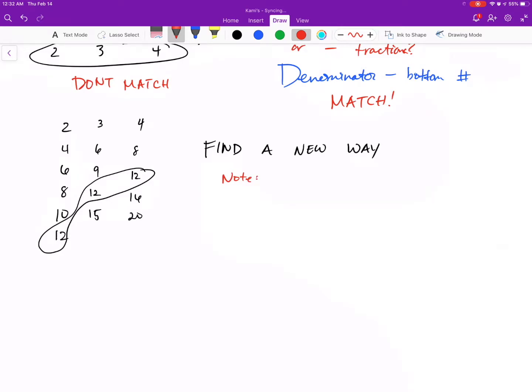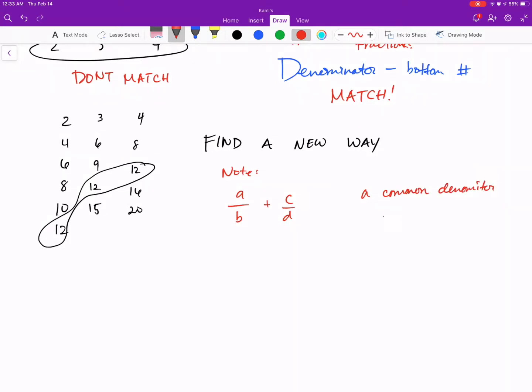Note, for some fraction a over b plus c over d, a common denominator will always be the distinct, meaning the different, denominators multiplied together.